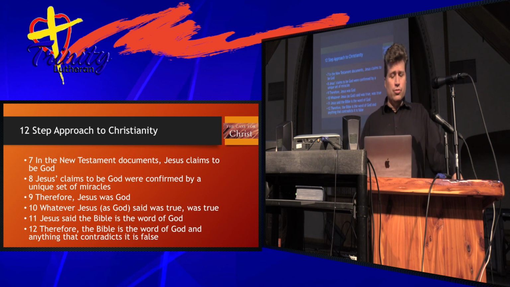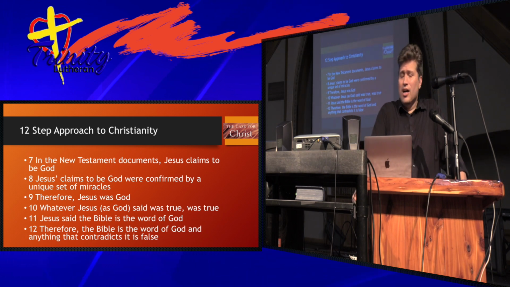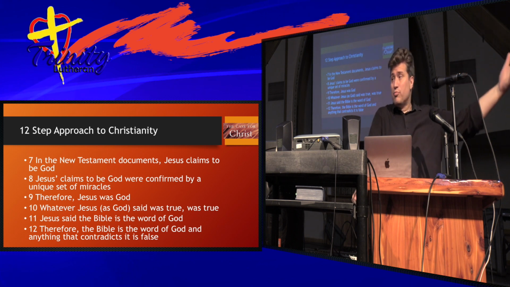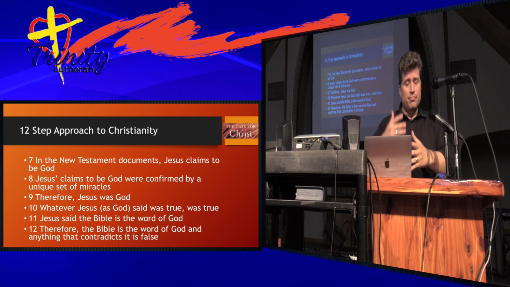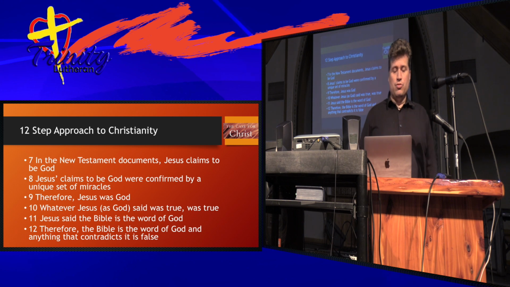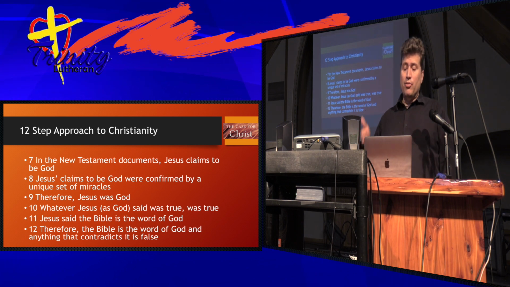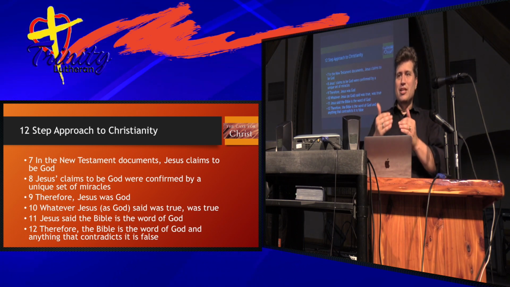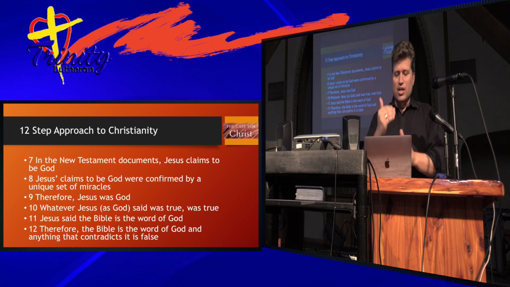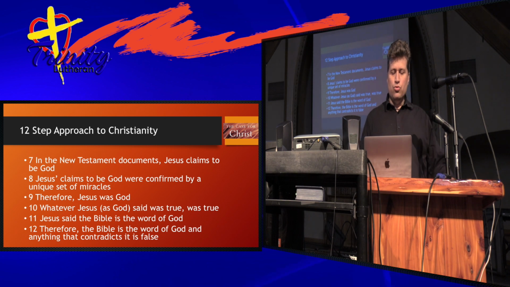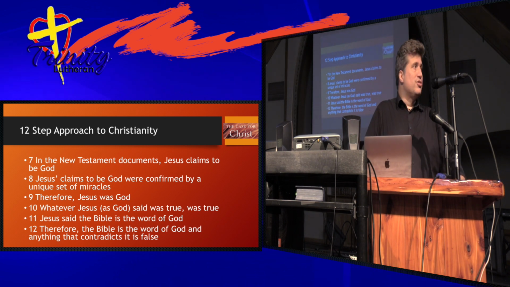Well, if all that is true, therefore, Jesus was God. In number 10, because he was God, whatever he said was true must have been true. You can see how these build on each other. He said the Bible is the Word of God. Therefore, the Bible is the Word of God, and anything that contradicts it is false. All right. So you can see how you start from the very beginning, and each step takes you all the way up to the truths of Christianity.